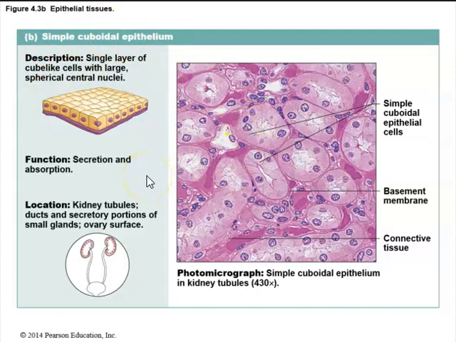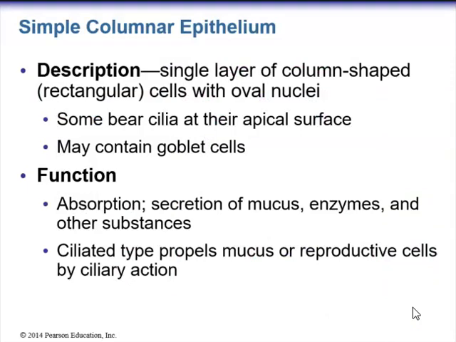We can find them in kidney tubules, ducts, secretory portions of small glands, and the ovary surface. And mind you, the kidney is a really good place to find not only simple cuboidal epithelium, but also simple squamous epithelium.